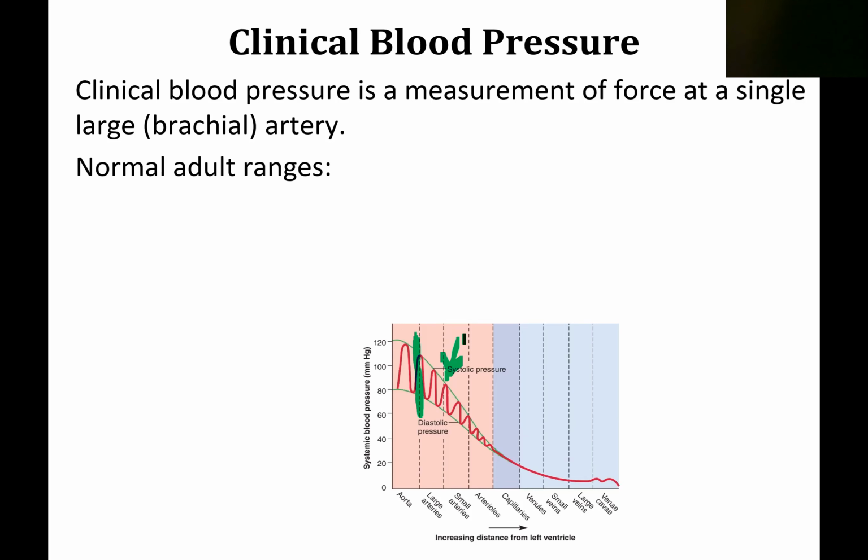So, normal adult ranges. Systolic pressure, average 140 to 95 millimeters of mercury.